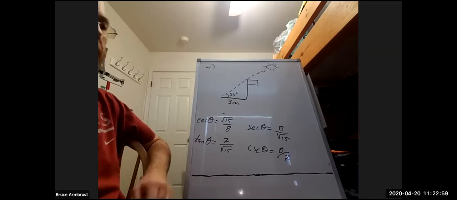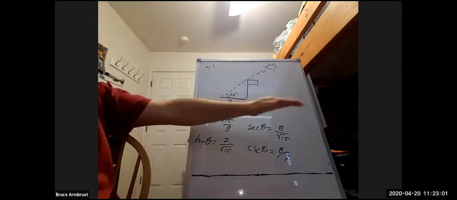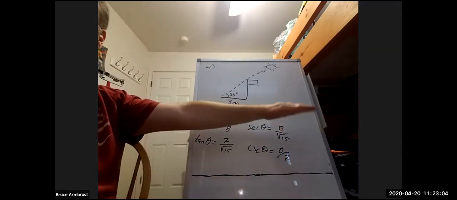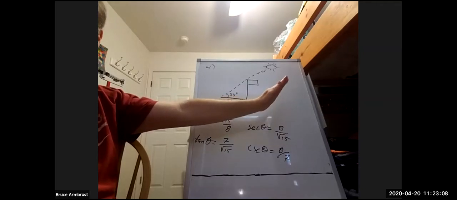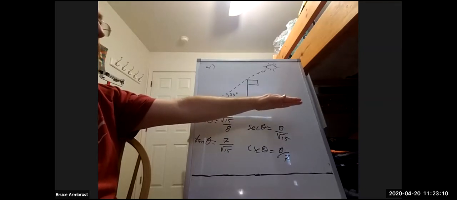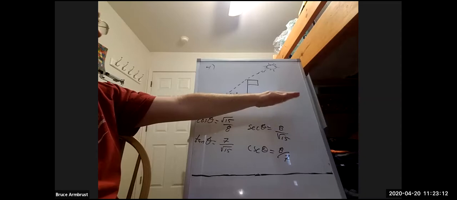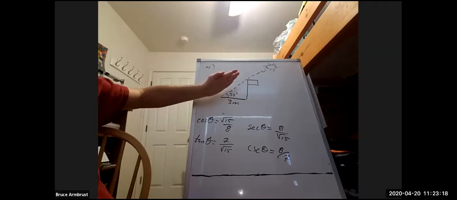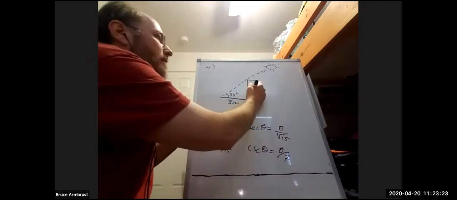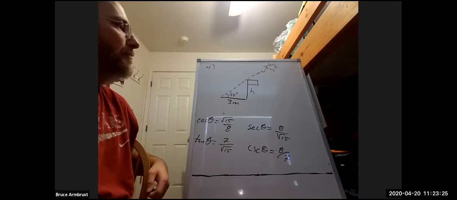We know the angle of elevation to the sun is 54 degrees. So angle of elevation, think of what elevation means. Height, going up. So an angle of elevation is where we go up. If we rotate up, that's an angle of elevation. If we were to go the other way, going down, that's an angle of depression. But this is an angle of elevation. So we know that the angle to the sun is 54 degrees, and we want to find the height of the flagpole.